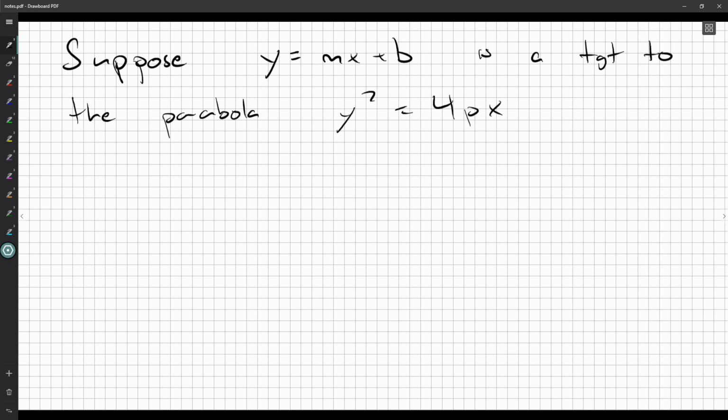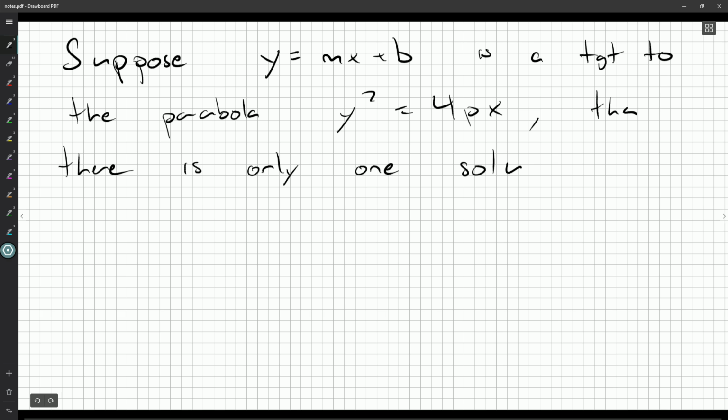So this is a nice little way to talk about tangent lines and almost any conic. So what we want is y equals mx plus b. If it's tangent to the parabola, then there's only one solution. There's only one point that they have in common.